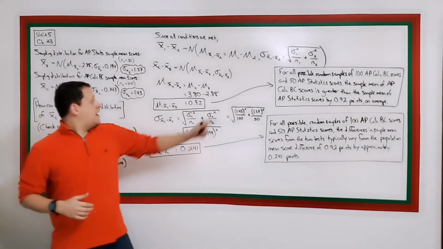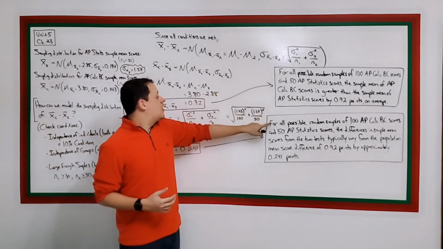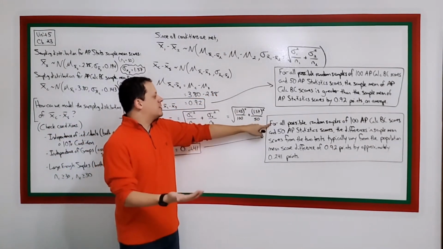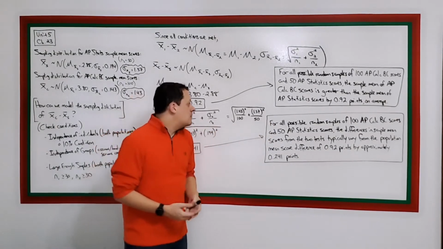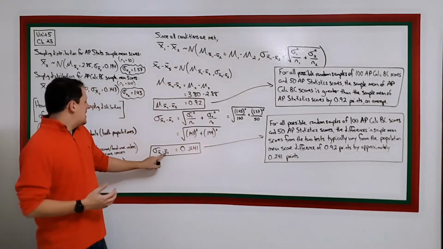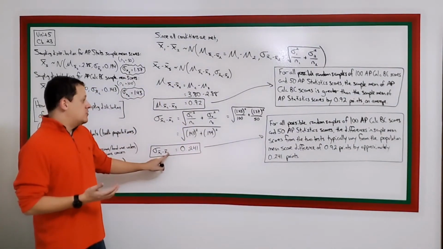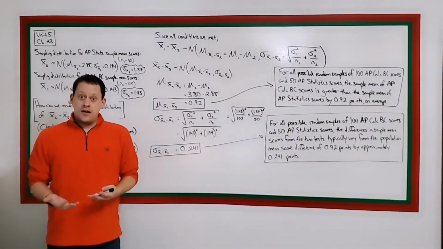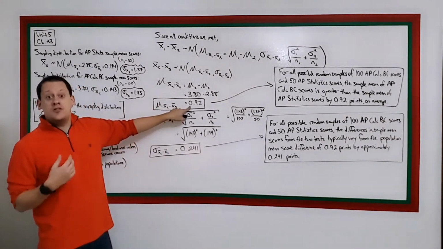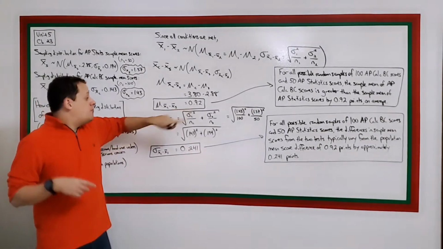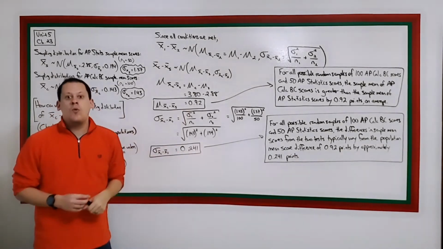We start it the same way as we did for this parameter. For all possible random samples of 100 AP Calc BC scores and 50 AP Stat scores, the differences in the sample mean scores for the two tests typically vary from the population mean score difference of 0.92 points by approximately 0.241 points.